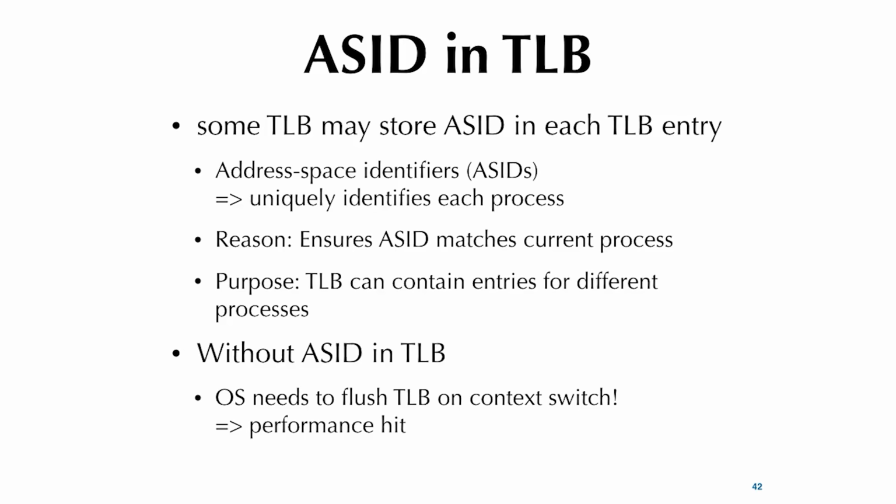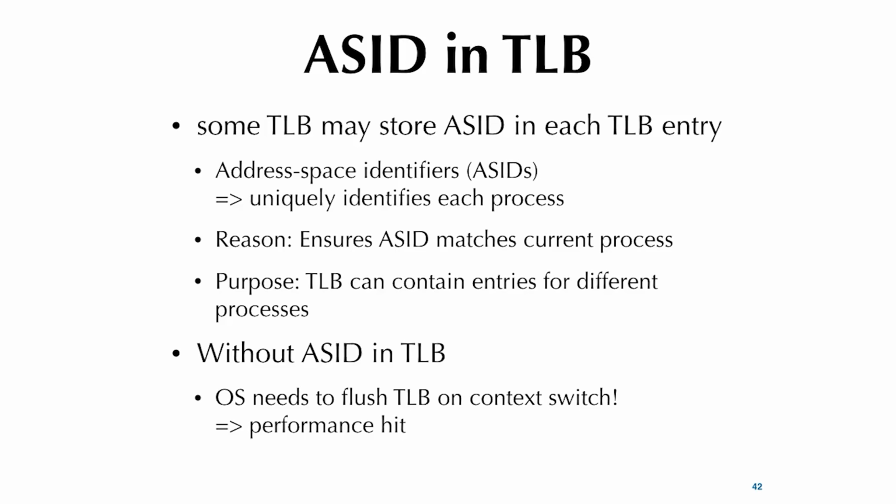So what can you do? Well, if you don't have the ASID as part of the matching, then you have no choice, but the OS has to flush all the cached entries in the TLB and then force TLB misses the next time you try to access memory. So you context switch, then access memory, TLB miss, the OS takes over, fills in the entry.